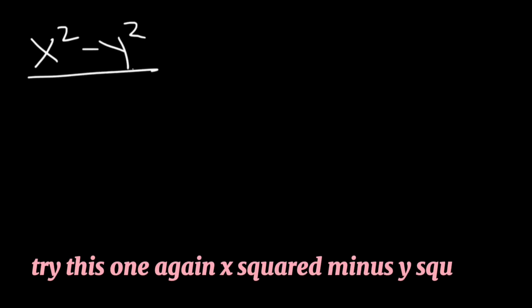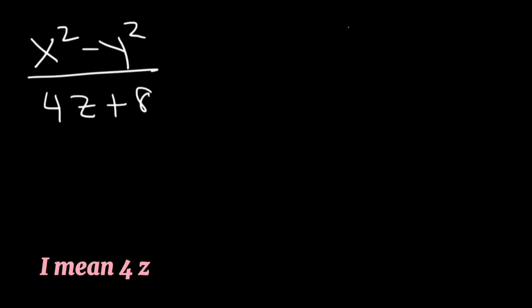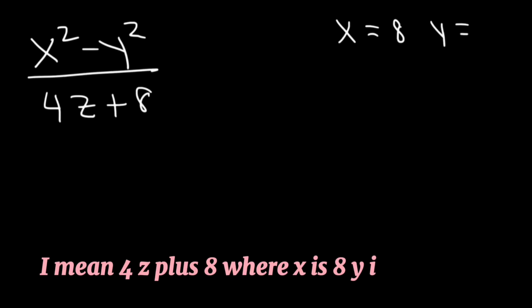Try this one again. x squared minus y squared, the whole over 4z plus 8, where x is 8, y is 6, z is 4.